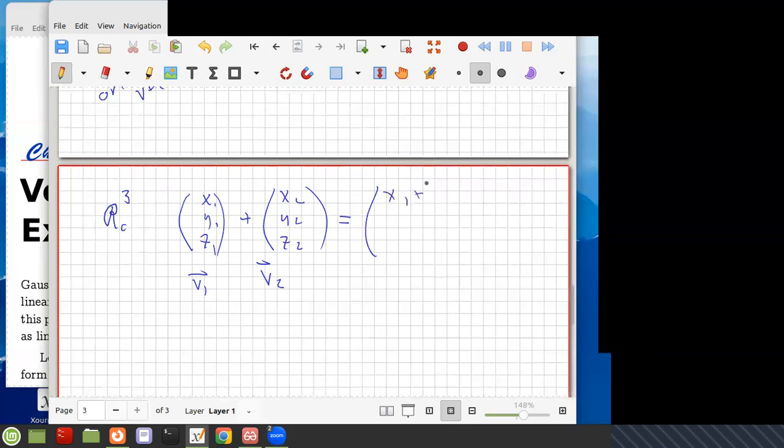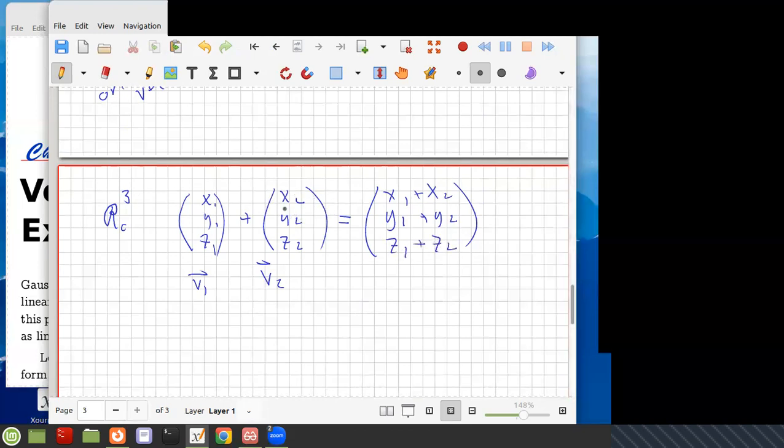It's just X1 plus X2. It's just vector addition, what we did in chapter 3 and even chapter 1. This is the column vector thing here. I have 3 rows, 3 components, and the column vector says that we have column vectors rather than row vectors. Z1 plus Z2. Well, there's my addition.